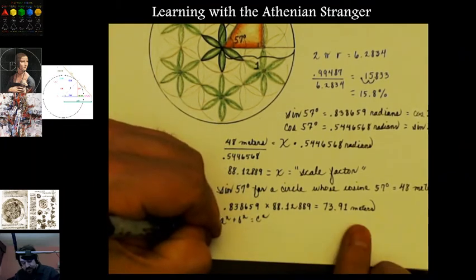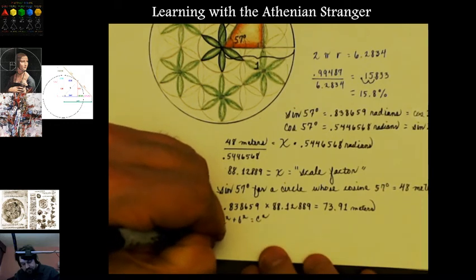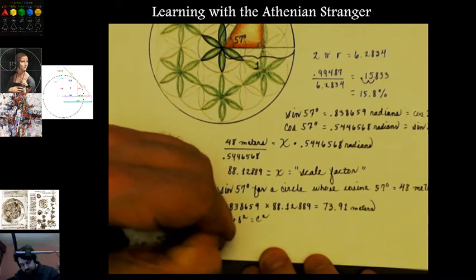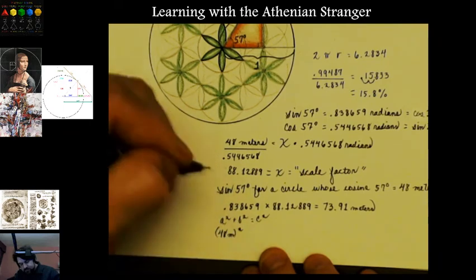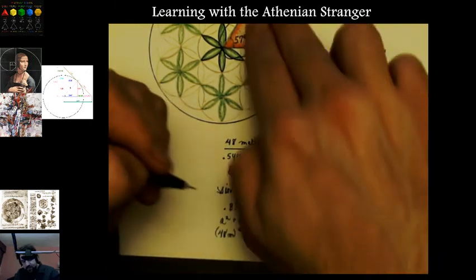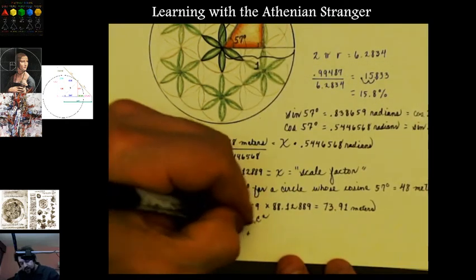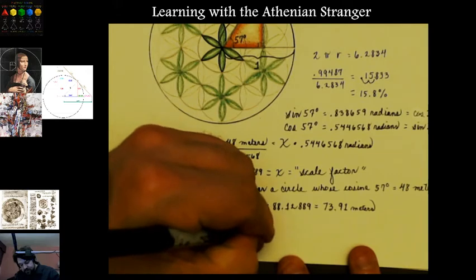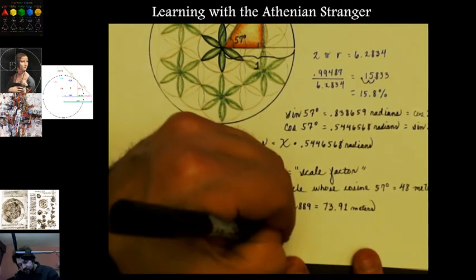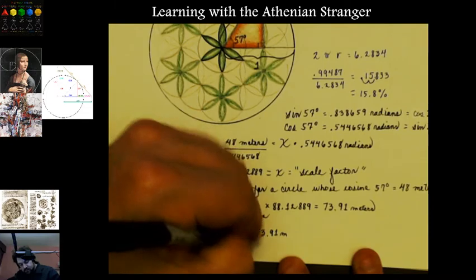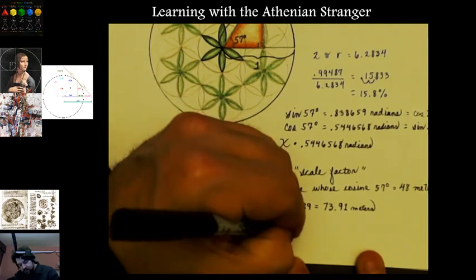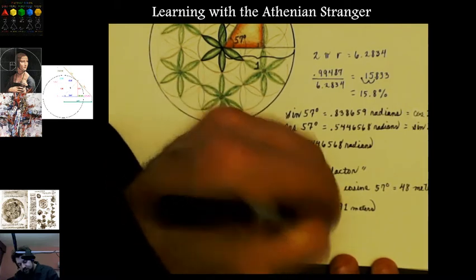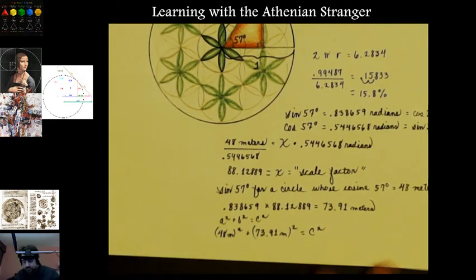Well, A squared, that's 48 meters squared, plus B squared, the height, or sine of 57, is 73.91 meters, and that's going to be squared as well, equals C squared, which we don't know.